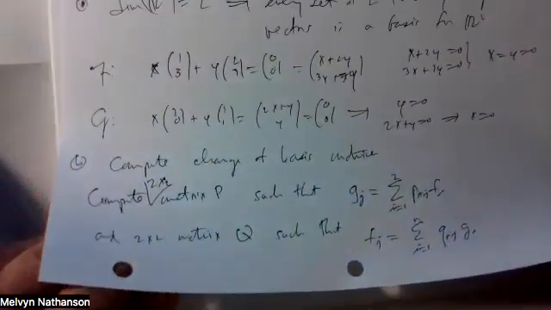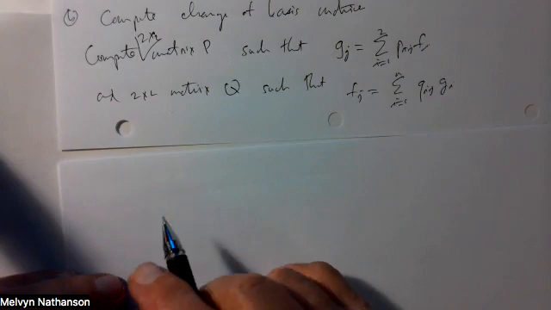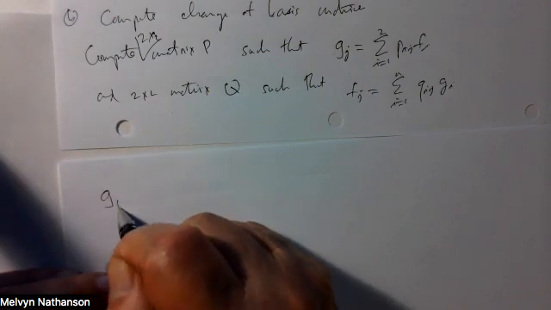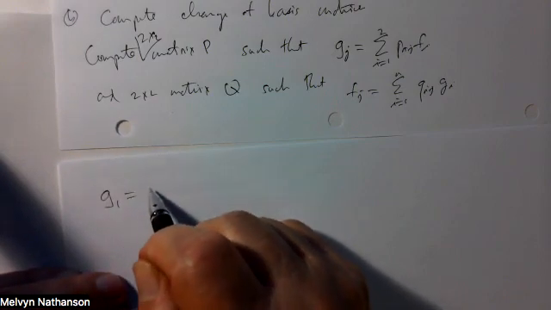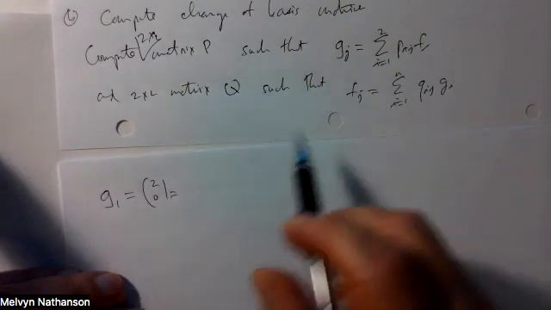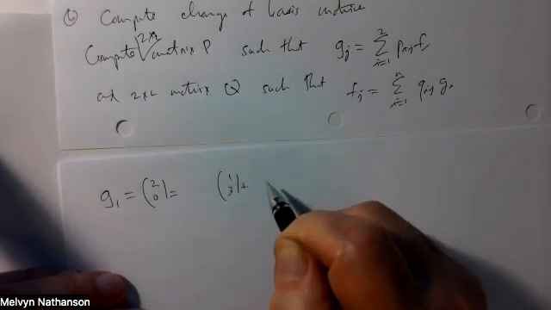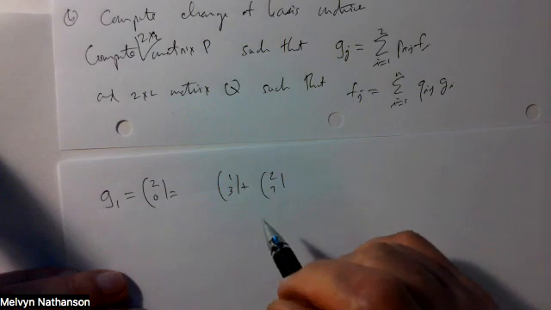So all that means is the following. G1 is the vector (2, 0). And I want to write that as a linear combination of the vectors (1, 3) and (2, 7).